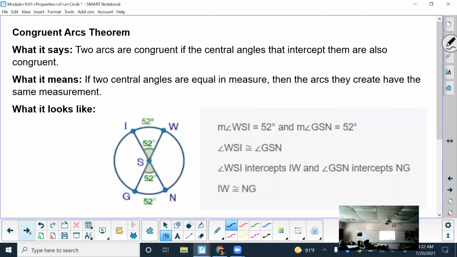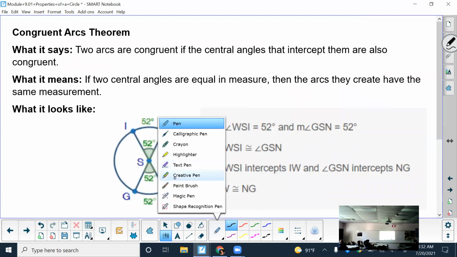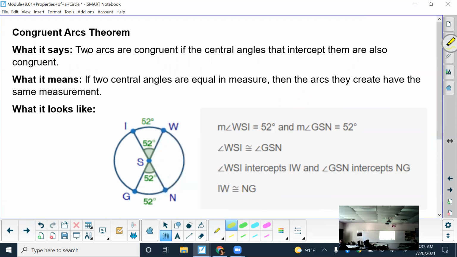Now we have the congruent arcs theorem. Anytime you see a page like this, the part that says what it says is usually the most important. So, congruent arcs theorem: two arcs are congruent if the central angles that intercept them are also congruent.